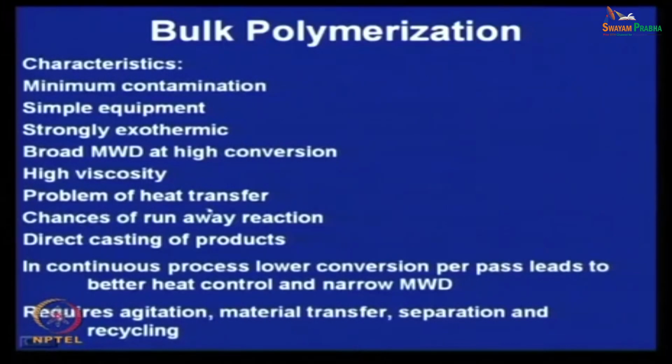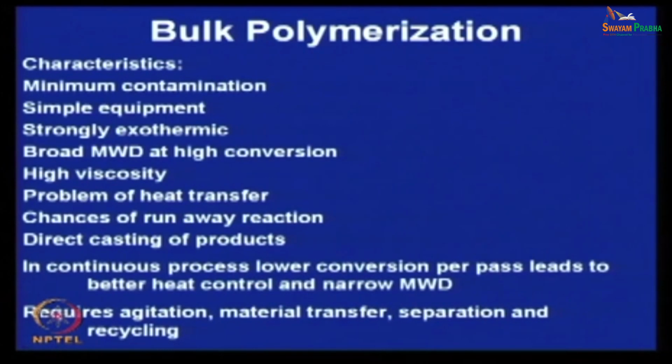So, as the viscosity increases, it causes problem of heat transfer, causes chances of runaway reaction. In order to avoid these things, direct cast polymerization, cast fabrication of polymer product is done.